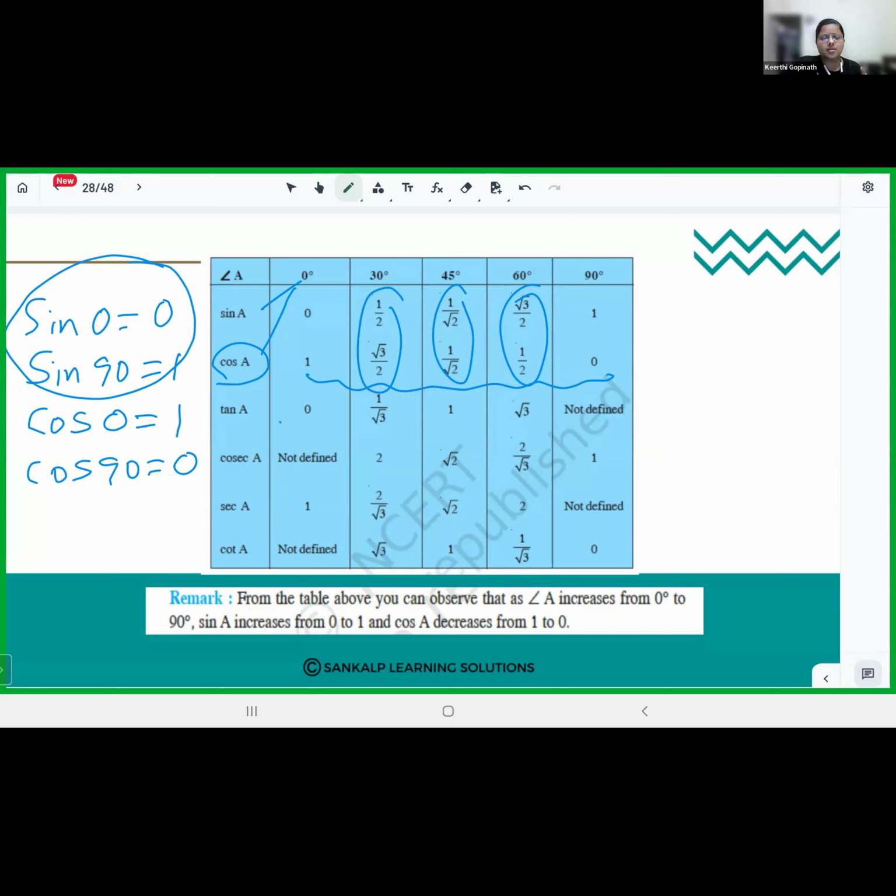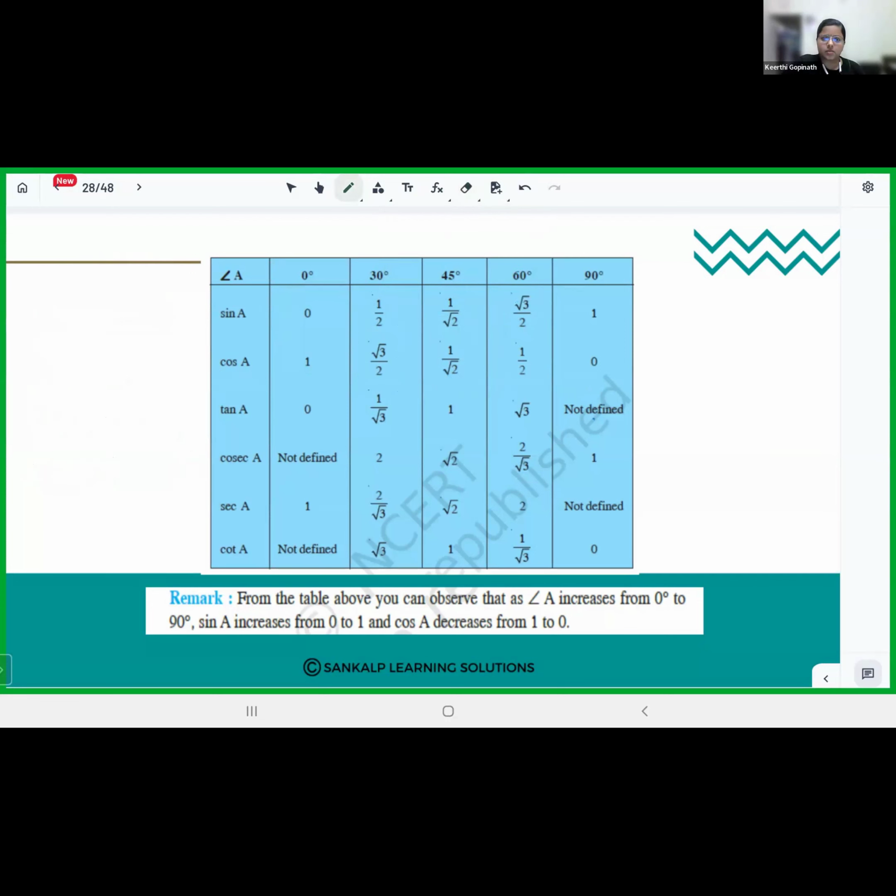And if you know sine and cos, you can easily find their reciprocals also. Is that clear to you all? It is all mentioned in that table. I'll explain it once again. You can see that the sine value is increasing from 0. Sine 30 is 1 by 2, sine 45 is 1 by root 2, sine 60 is root 3 by 2 and sine 90 is 1.